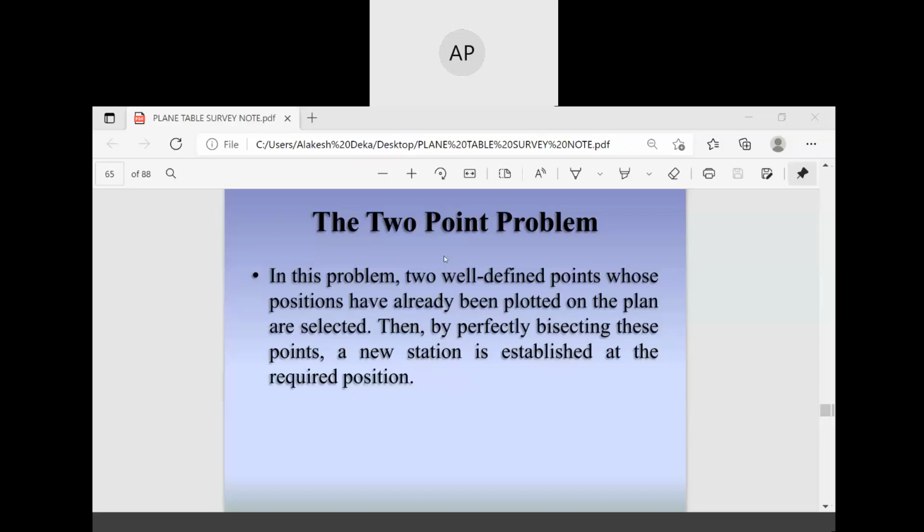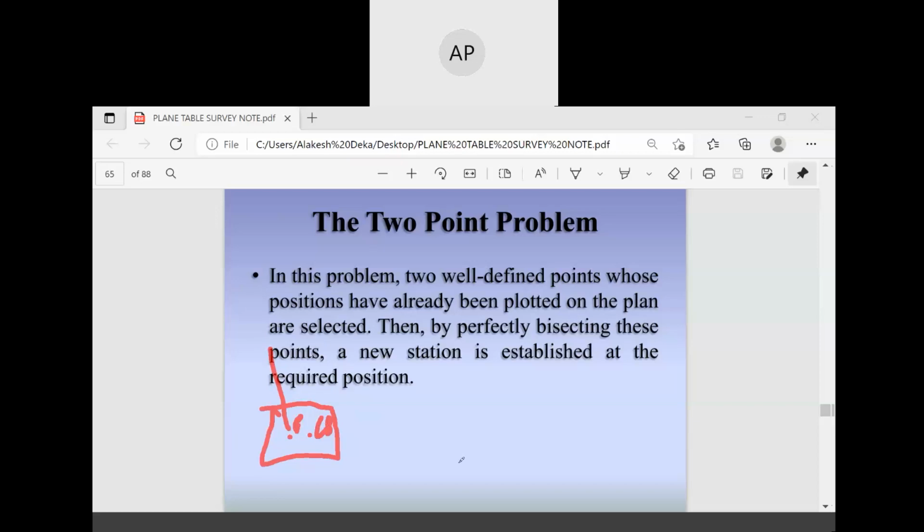So to find the missing object, suppose in one day you have plotted 2 points. Okay, you have plotted P and Q. But suppose after plotting these 2 points P and Q, it started raining. So what happened?